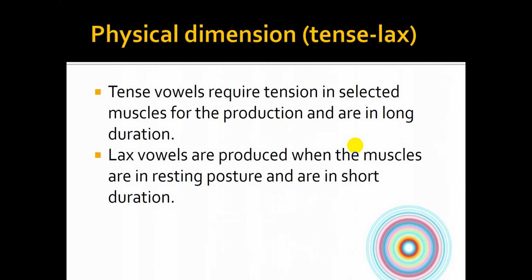The tension causes longer duration. That's why it is called long vowels. However, when we want to produce lax vowels, the muscles are in resting posture. That's why the duration is shorter, and we call it short vowels.